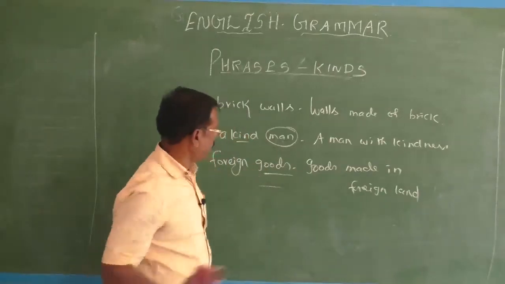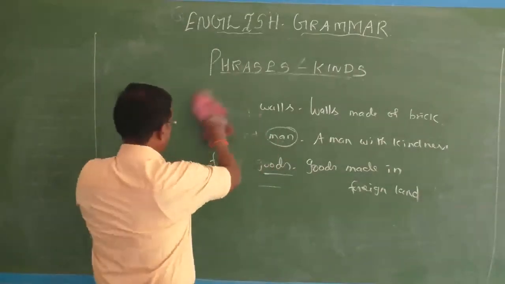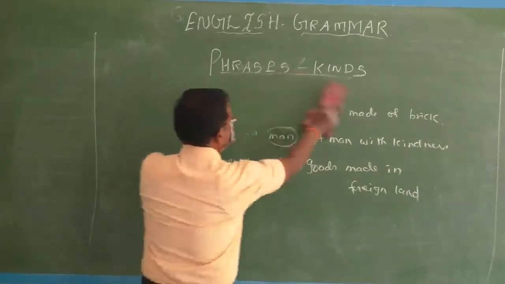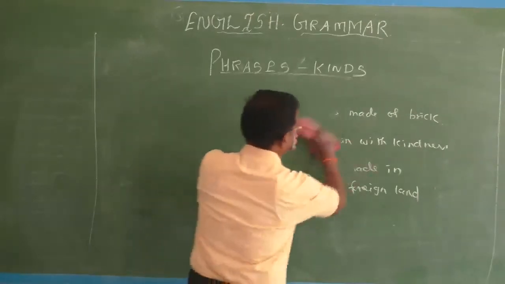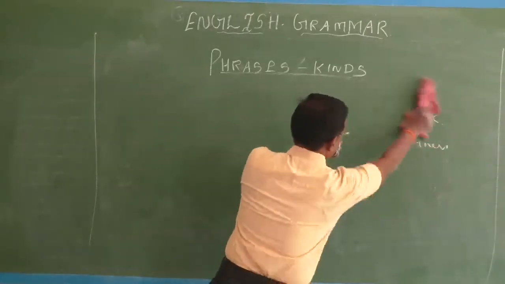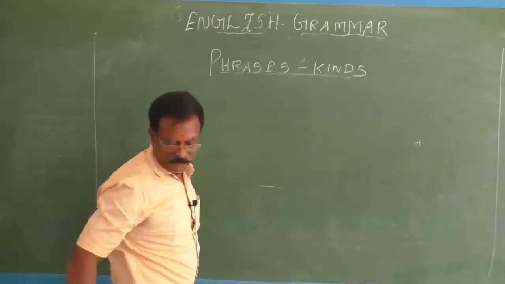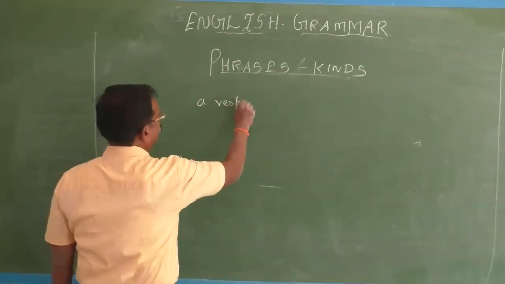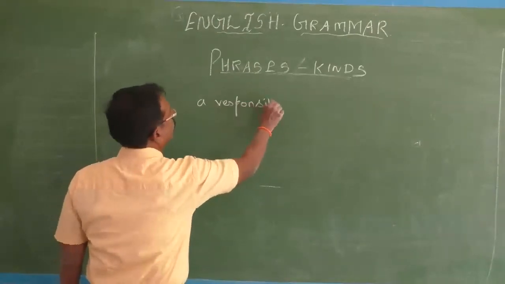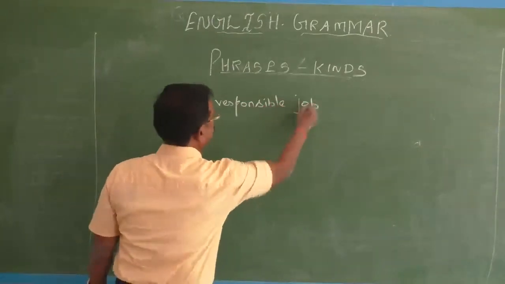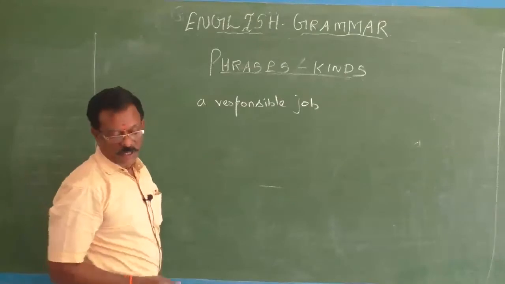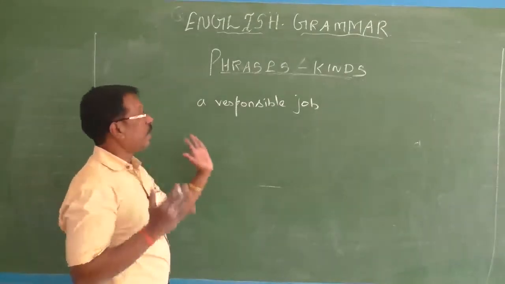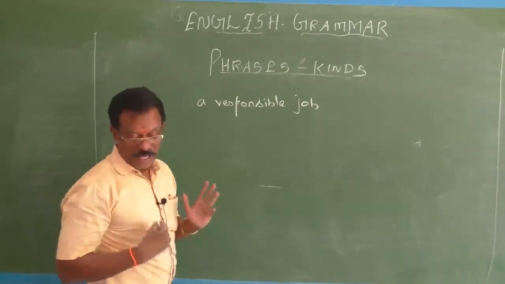For example, I will write this sentence. It is a responsible job. See, responsible is an adjective. How can you expand this adjective into an adjective phrase?